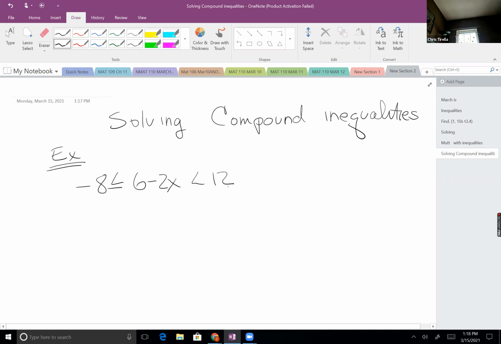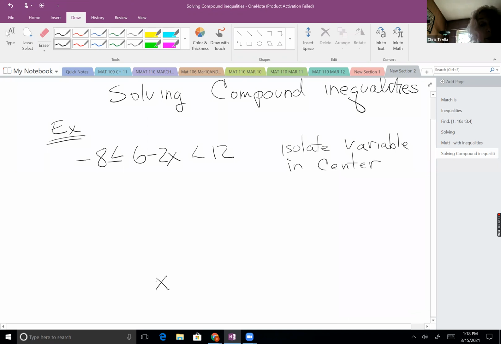When I look at solving these compound inequalities, what I want to do is isolate the variable in the center. I want to end up with an inequality where x is in the middle.